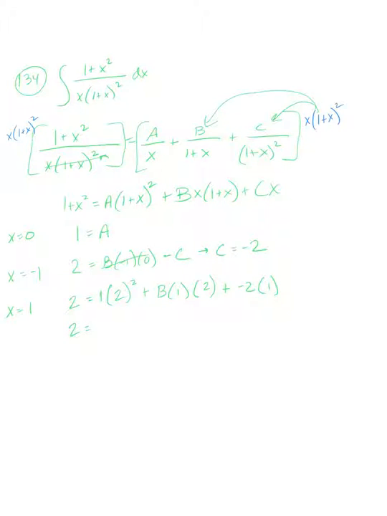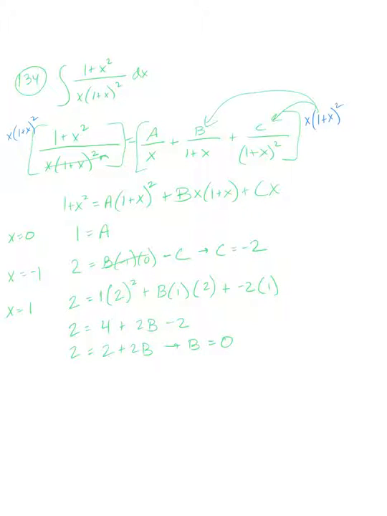So I get 2 equals 4 plus 2b minus 2. So 2 equals 2 plus 2b. B has to be 0.